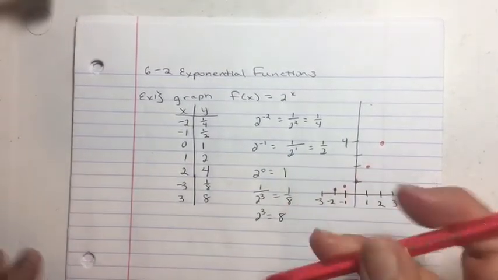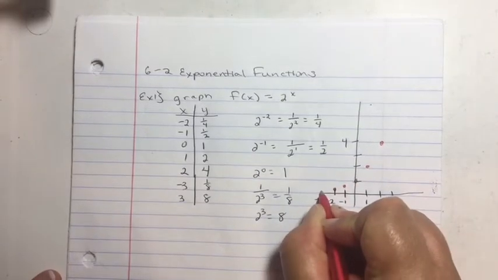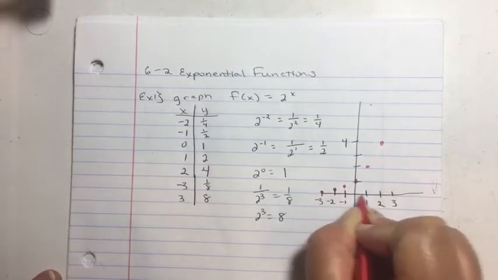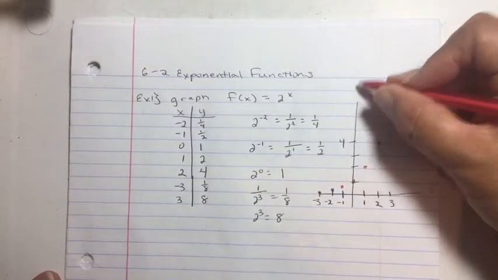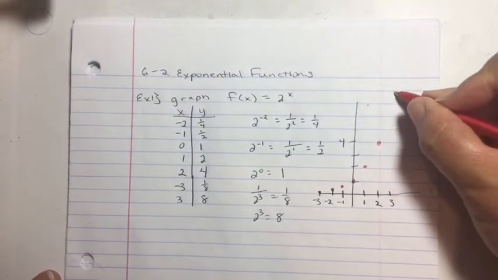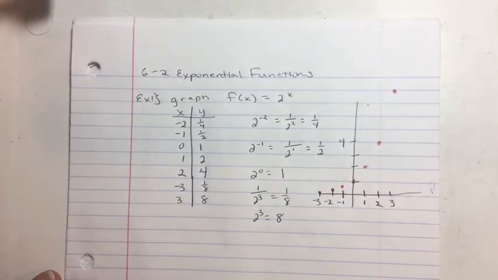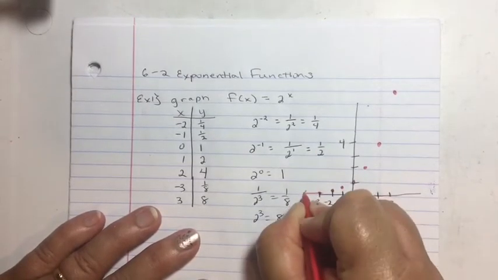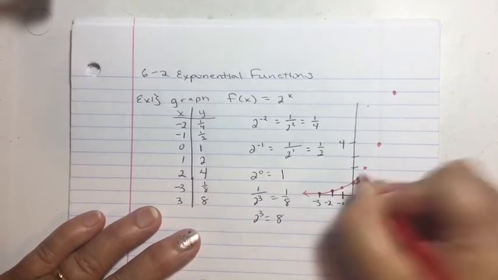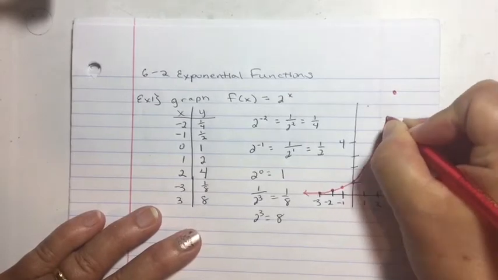I'm going to get a 1/8, which is almost on the axis. And for the 3, it's going to go 4, 5, 6. It's going to be way up here. This is an exponential function, and it's going to behave like that. It's never going to cross this axis, but it's going to get closer and closer and closer to it.